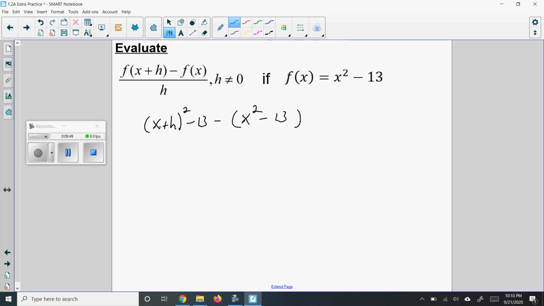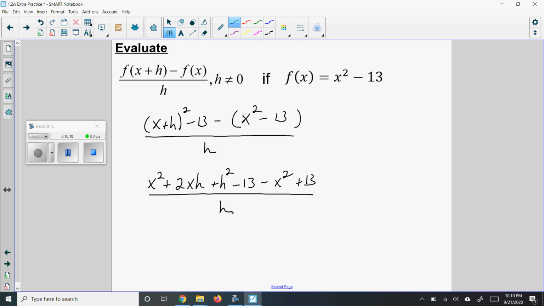And this is all over h. So if I square this binomial, we'll end up with x squared plus 2xh plus h squared. And we have this minus 13. I'm going to distribute the negative. So we have negative x squared, and negative 13 is plus 13. And that's all over h.